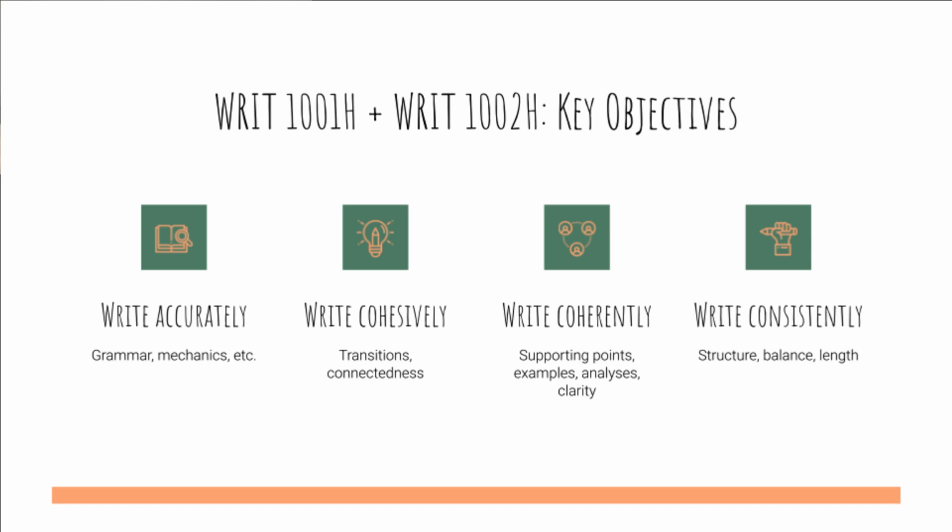Consistency also has to do with the kind of words you're using. So are you using a mix of formal words and very informal words, and it puts the reader off? Or are you consistent, like what we're doing in this course? I would like for you to be able to find your voice as a writer.